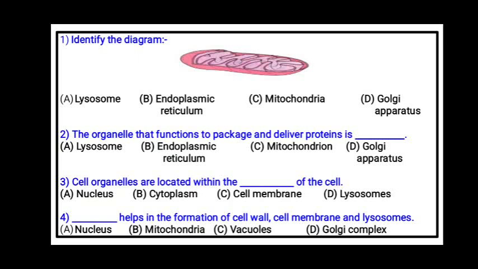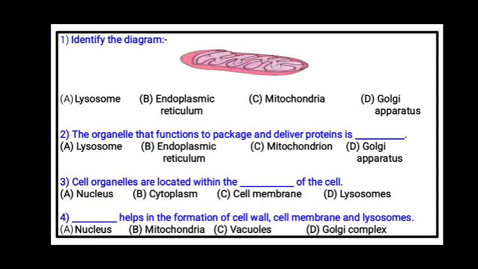Second question, the organelle that functions to package and deliver proteins is dash. So which organelle helps in packaging and delivering of proteins? First option, lysosome, endoplasmic reticulum, mitochondria or Golgi apparatus. Whichever is the correct answer, that you will be writing it.